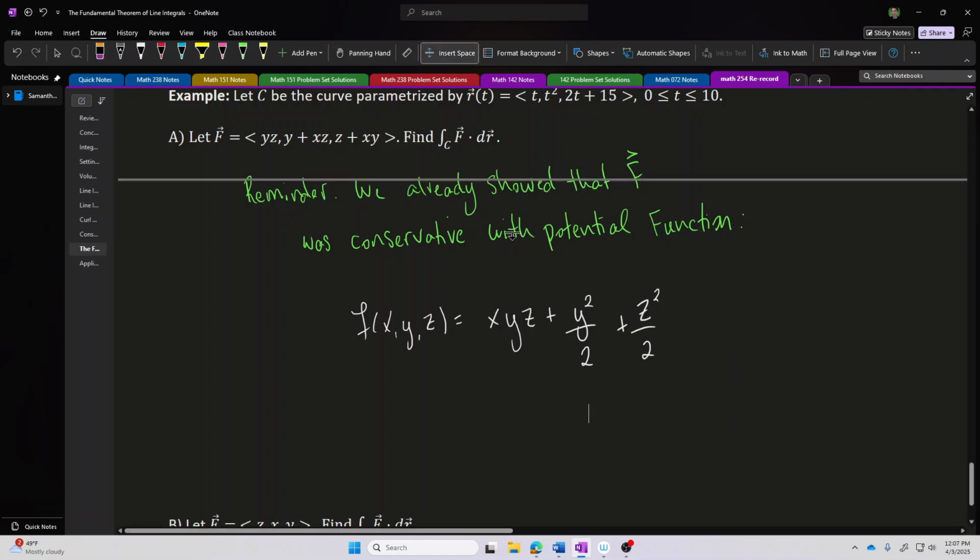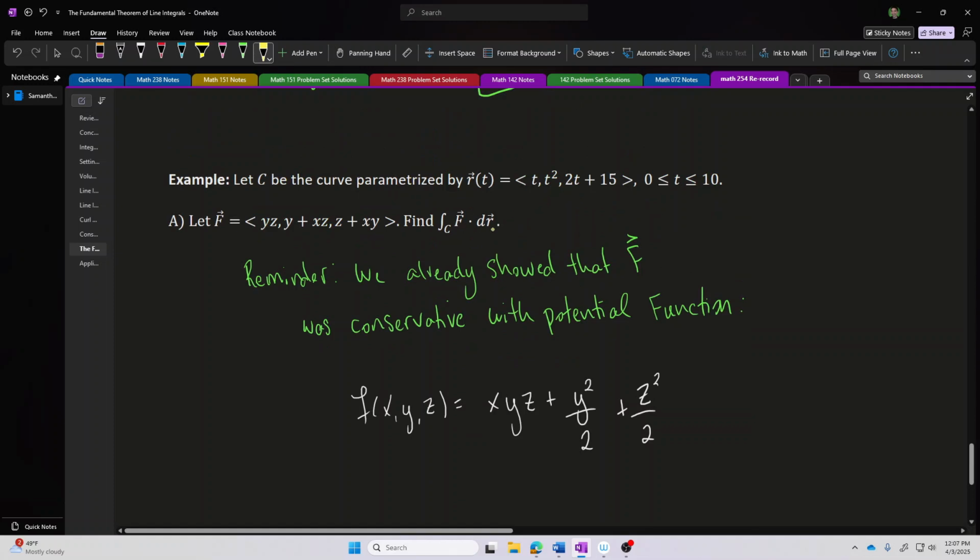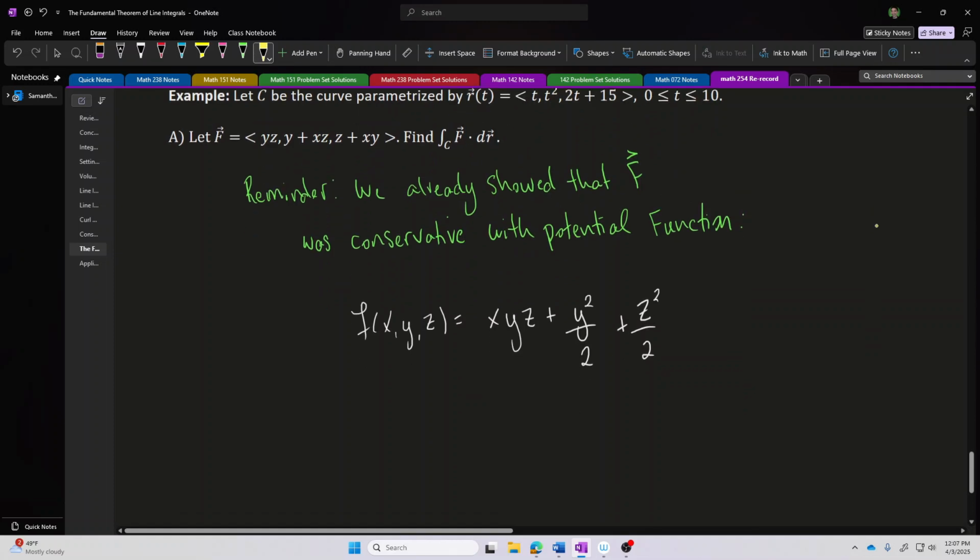Because the vector field is conservative and has this potential function, we have unlocked the ability to calculate this line integral using the fundamental theorem.